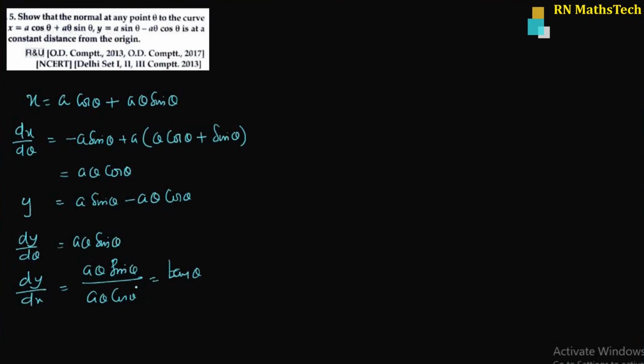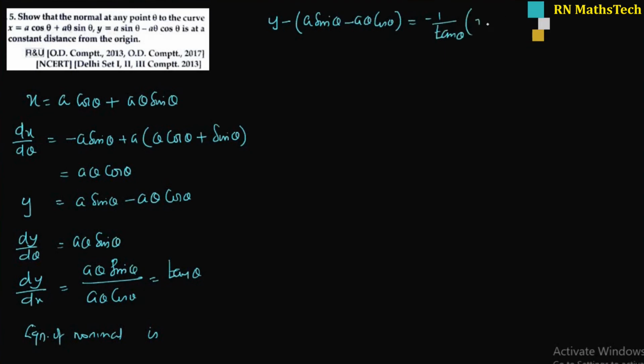Okay, now equation of tangent, show that the normal at any point to the curve is a constant distance from the origin. Equation of normal is y minus y1, y1 is a sin theta minus a theta cos theta, is equal to minus 1 by tan theta into x minus x1, a cos theta plus a theta sin theta.